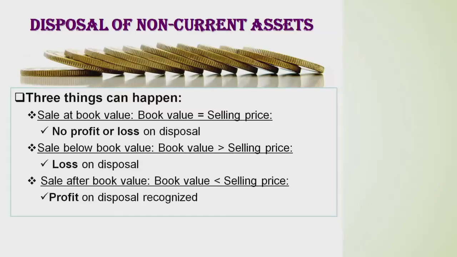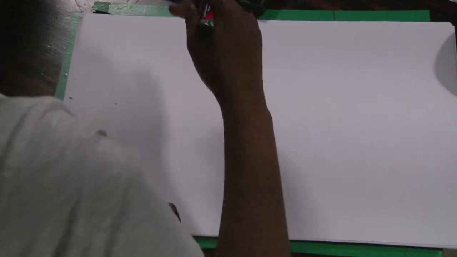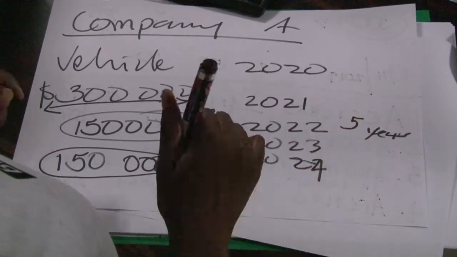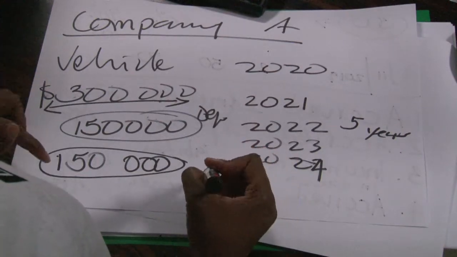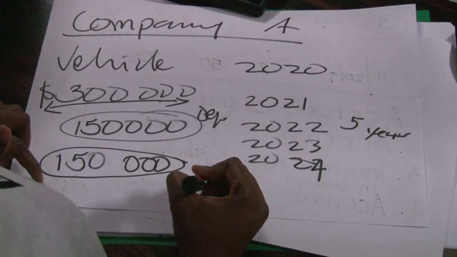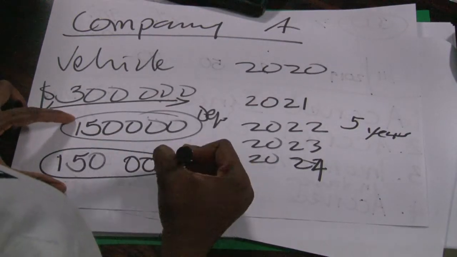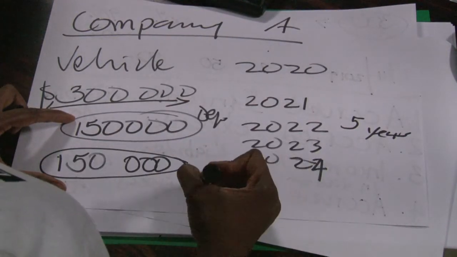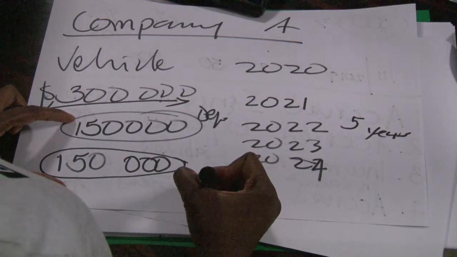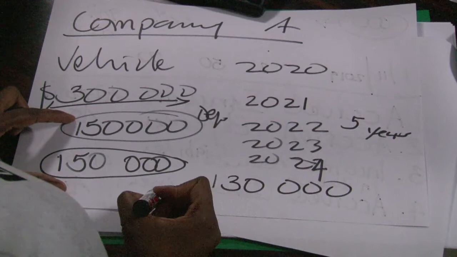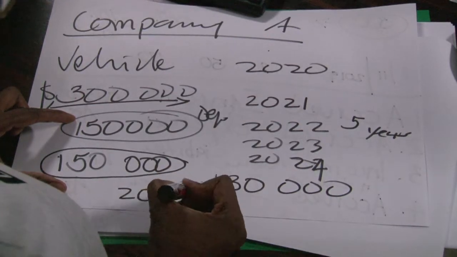Guys, book value means, let me go back to the previous example. Now in 2024 we decided to sell our vehicle. If we are going to sell our vehicle below book value, it means this is our book value, 150. So when we sell it below, it means we sell it at 130. So we are going to make a loss of 20,000. That is what it means.